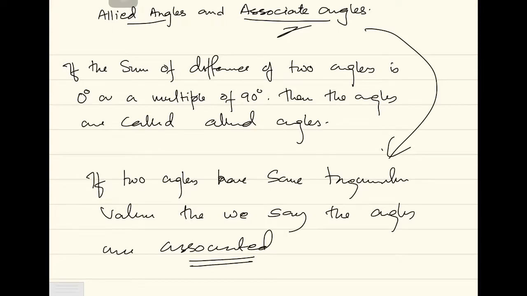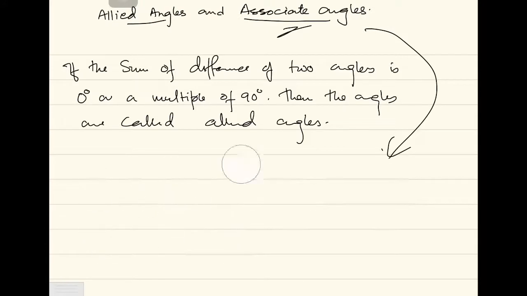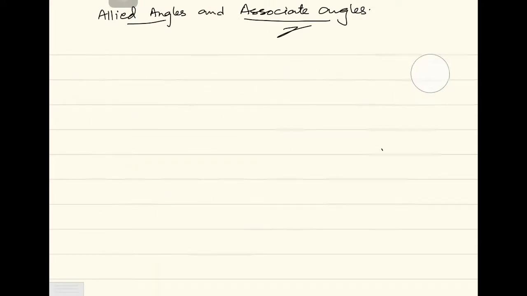Now we will solve a sum based on this. We'll also learn to find the values of higher angles, correct? Now before I start calculating the value, you need to remember the rule to find the values of higher angles.